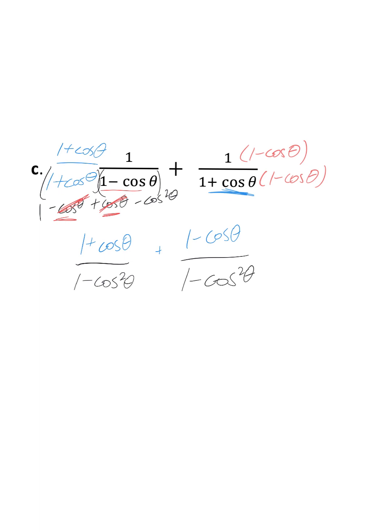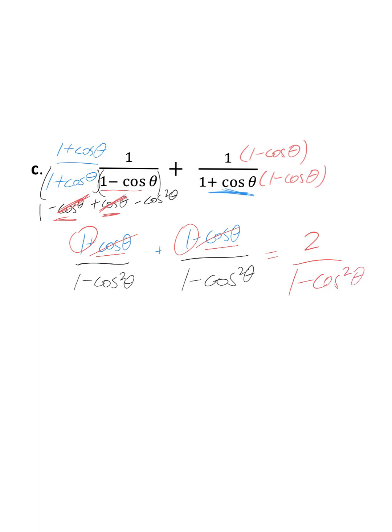Okay, and let's see what's happening at the top here. I see this plus cosine and minus cosine. When I add these together, they are actually going to cancel each other out. So on top of my fraction, I really just have a 2, which is this one plus this one. And then 1 minus cosine squared at the bottom.